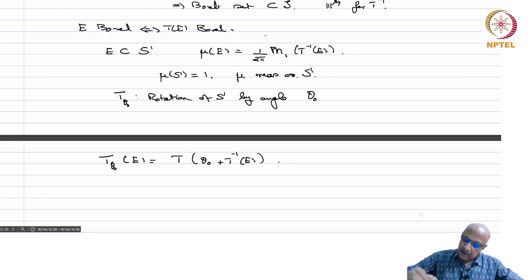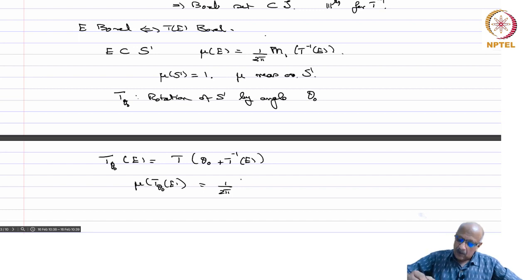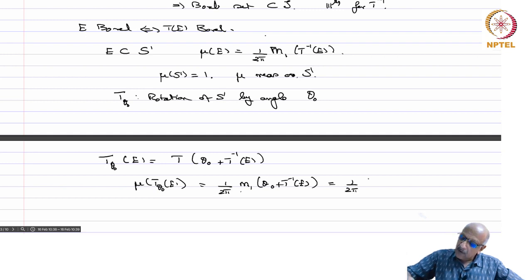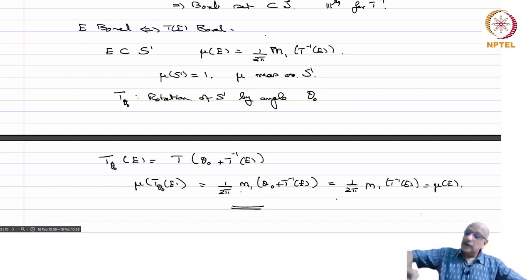Therefore mu of R theta naught of E is equal to 1 by 2 pi of M1 of theta naught plus T inverse of E by definition. And M1 is translation invariant, and therefore this is equal to 1 by 2 pi of M1 of T inverse of E, which is equal to mu of E, and therefore it is invariant under rotations.